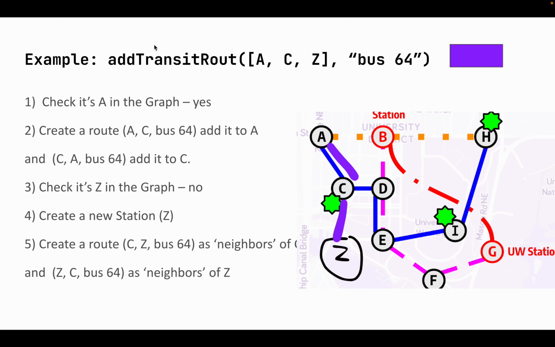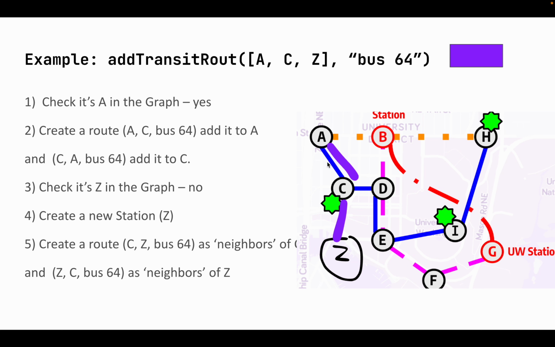Let me show how this method works when you want to add a road A to C to Z for bus 64. You first check if A and C are already vertices on the graph, in the adjacent list keys. If they are, we just add new edges independently to A and C. So we add edges A to C and from C to A and mark them as roads for bus 64.